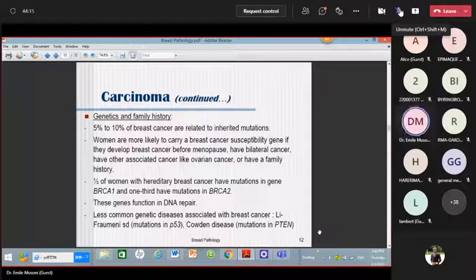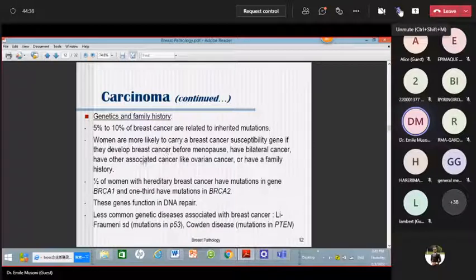Another thing you must know is that 5 to 10% of breast cancers are related to inherited mutation, what we call BRCA1 and BRCA2. The BRCA1 gene has a function in DNA repair, so when it is mutated, this is why we find cancer.